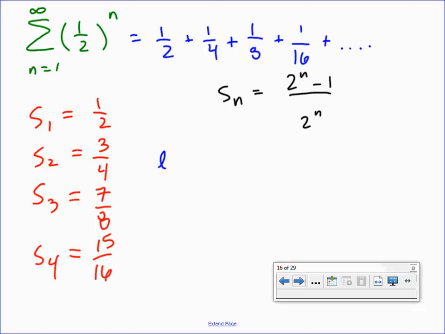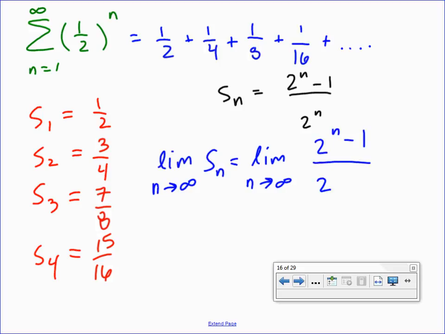You bet. Let's consider the limit as n goes to infinity of S of n. In this case, that's the limit as n goes to infinity of 2 to the n minus 1 all over 2 to the n.